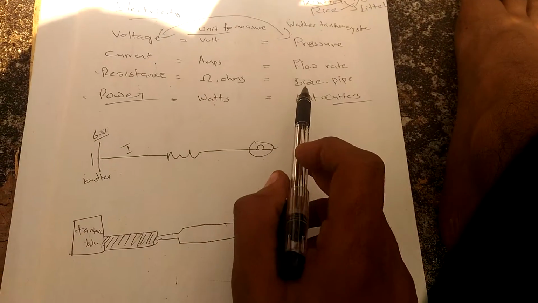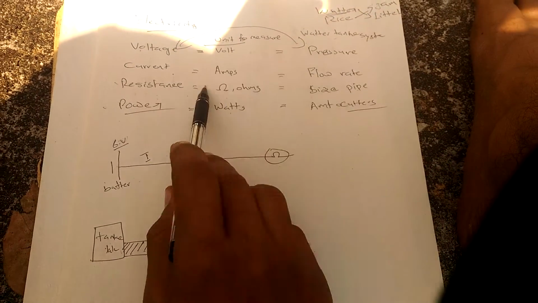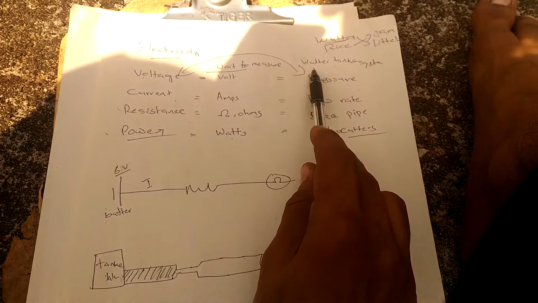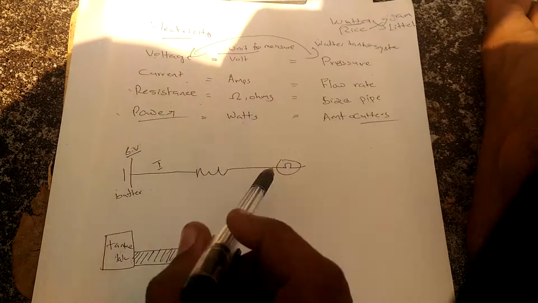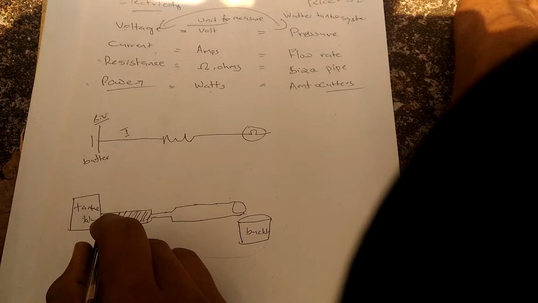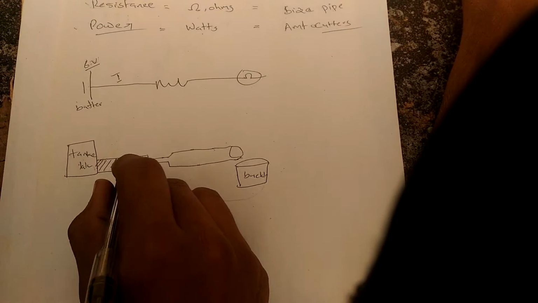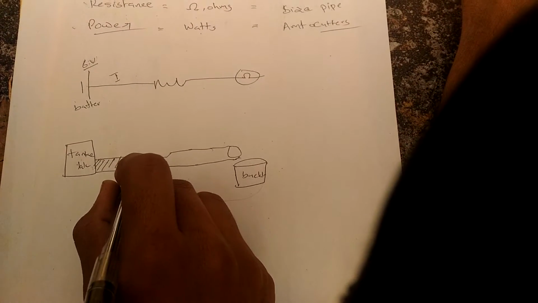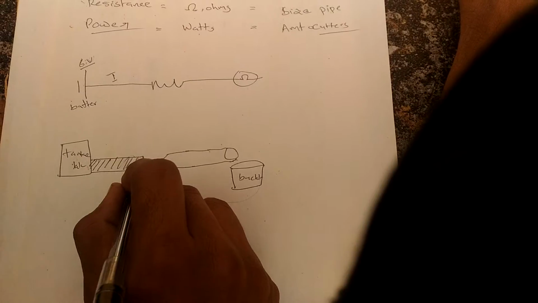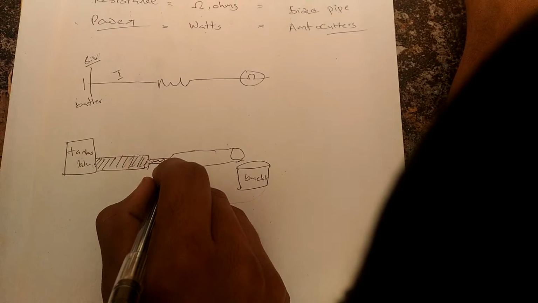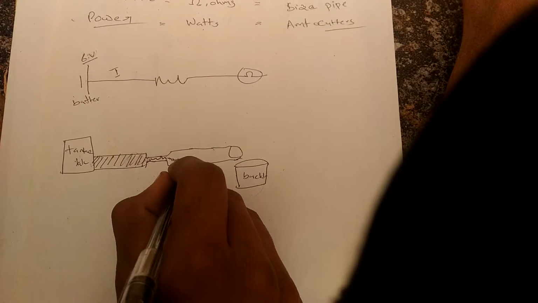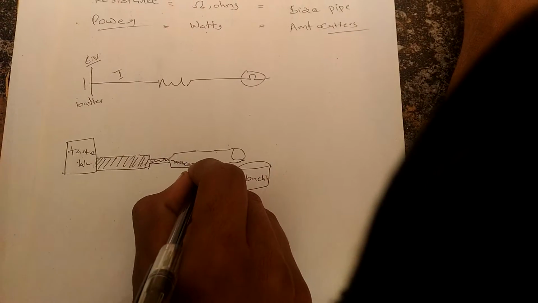And I have already said that the size of the pipe in the water system means the resistance in the electric circuit. You can find here the size of the pipe is bigger here, and the pipe becomes smaller and smaller. That means the amount of water passing through the small pipe becomes less when the size of the pipe becomes less.